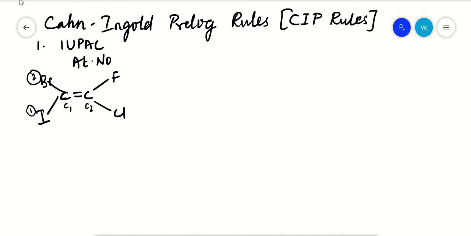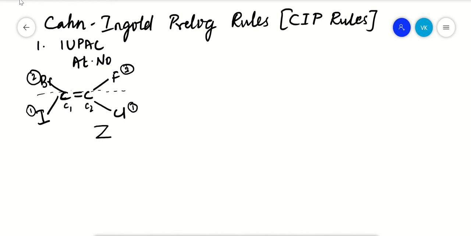And on carbon C2, chlorine has the highest atomic number, 1, and fluorine is next, 2. So we are going to cut this molecule into two equal halves, so that if both the numbers 1 are on the same side of the double bond, then we call it Z configuration.